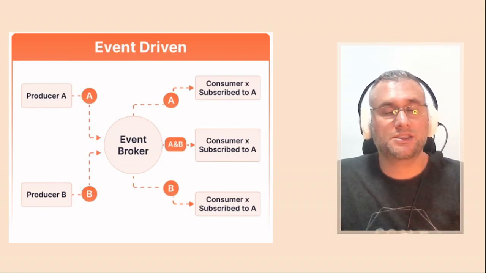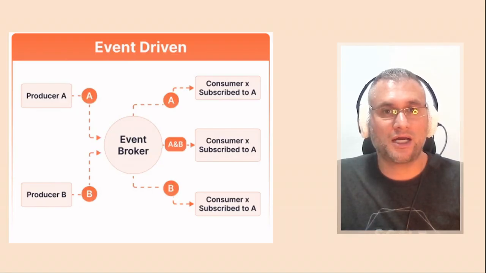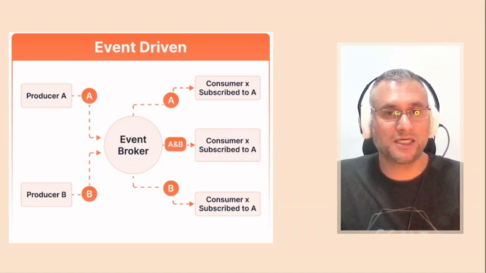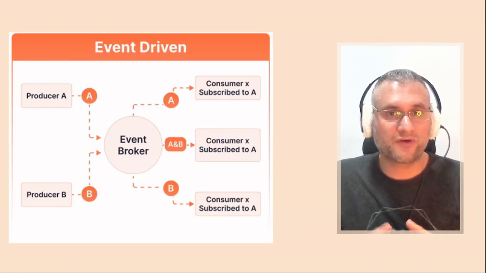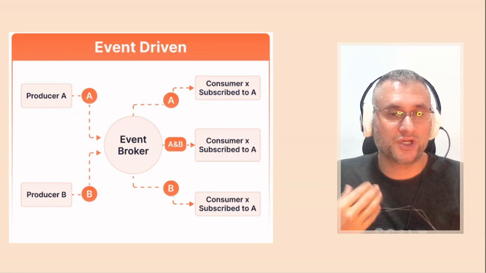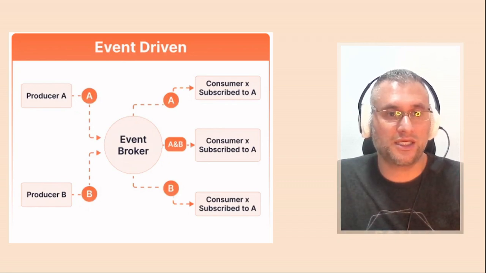This architecture pattern has multiple advantages, for example in terms of reliability, because when your consumer fails, you have other consumers that can read the events in the event broker.